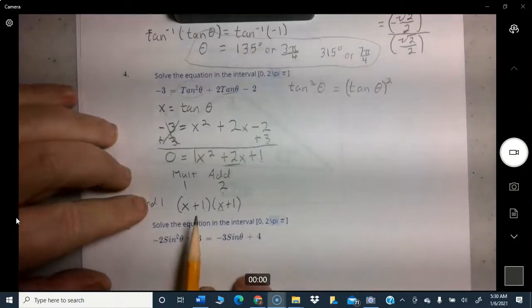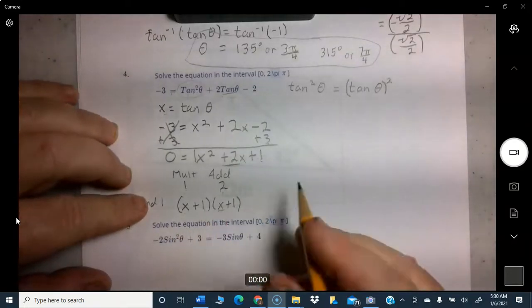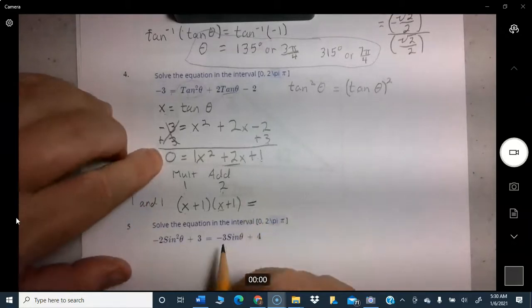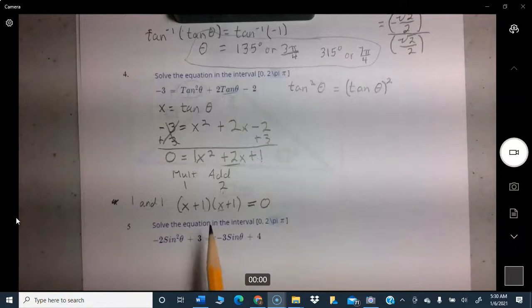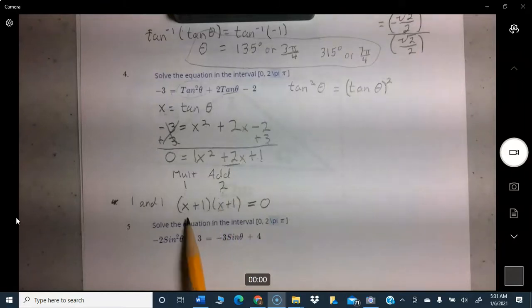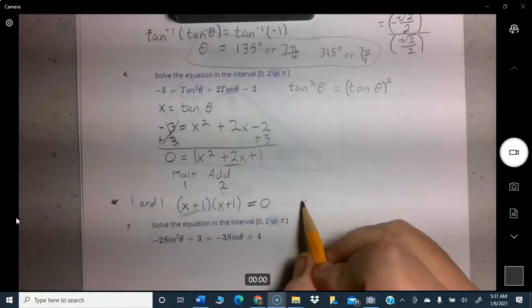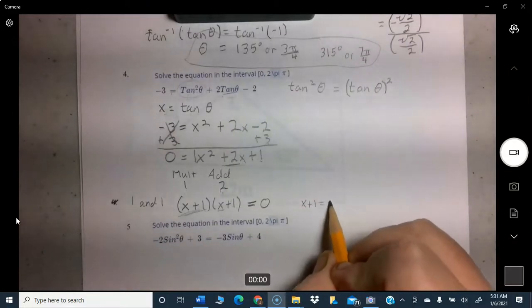Now what you're doing here is you want to know what the value of x is. So we're going to set this equal to 0. The equation is originally set equal to 0. So you have to ask yourself, if either of these goes to 0, then the whole equation will be 0. So what makes this term by itself 0? Well, I'll write it out here. x plus 1 equals 0.